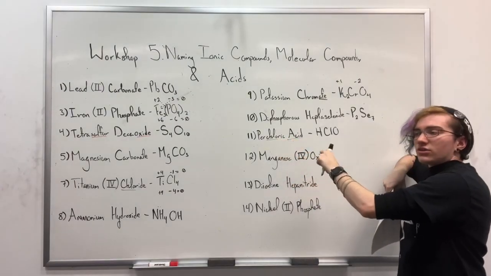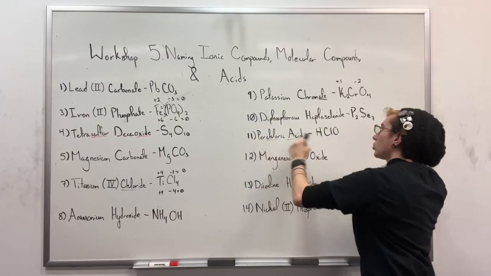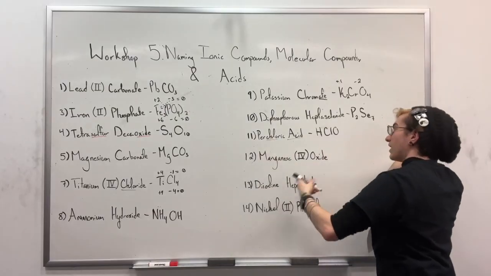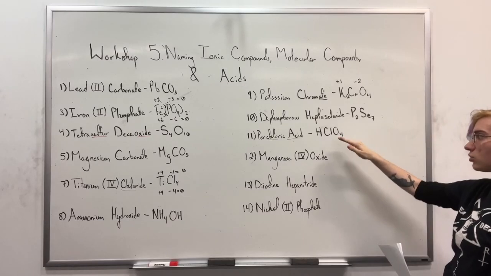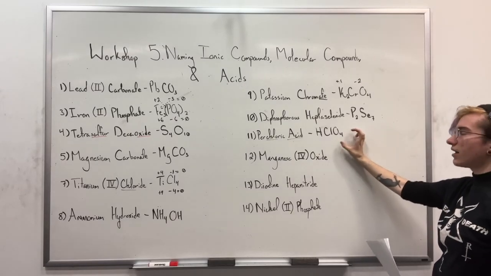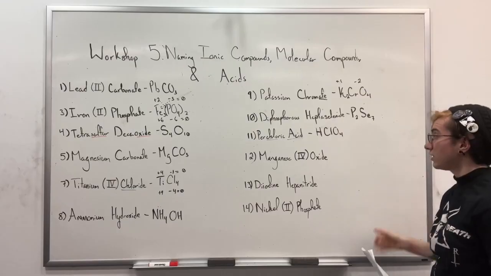IC ending tells us it's either going to be ClO3 or ClO4. Because it's perchloric, that means it is perchlorate, so HClO4. All of the chlorine family of oxyacids have a charge of -1, and so this is balanced.